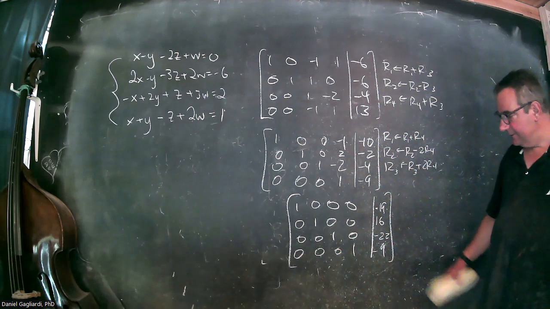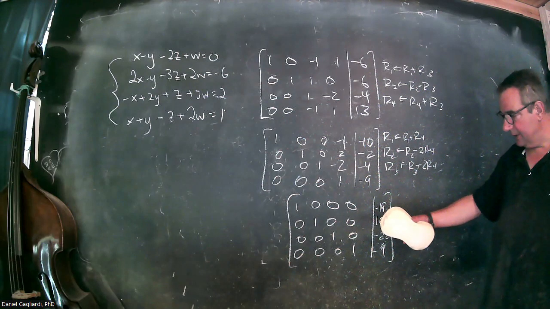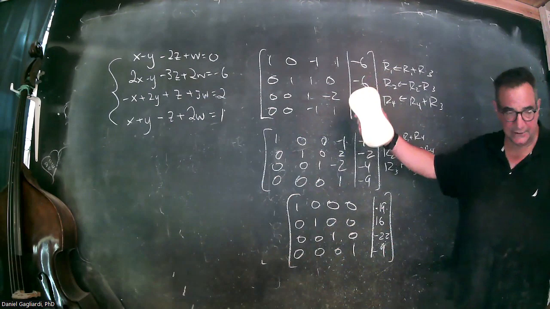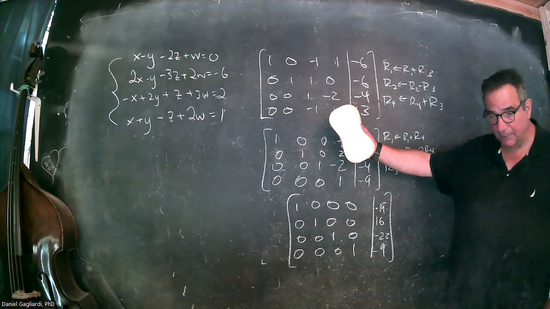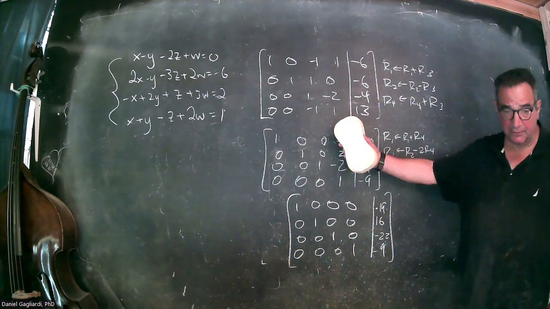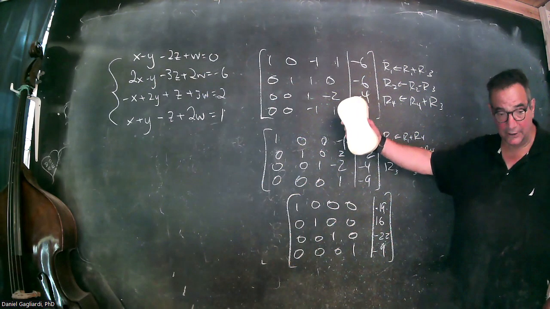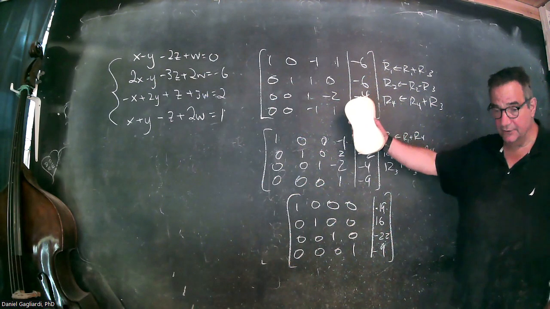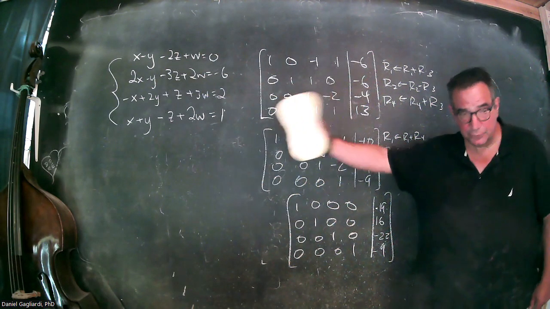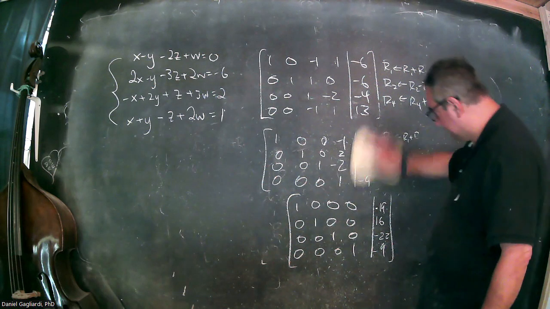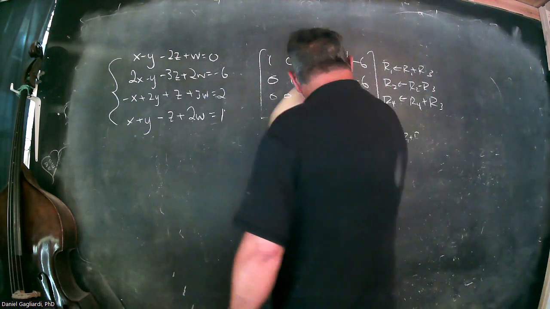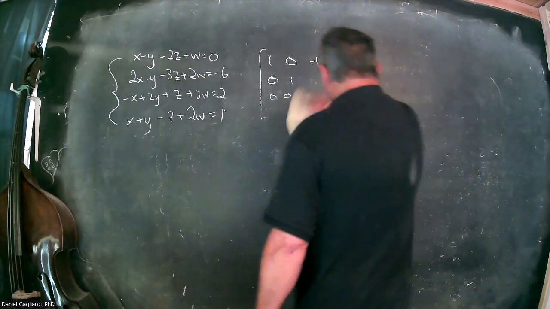We're going to write the augmented matrix as a linear system that, first of all, can be solved by inspection, and second of all, more importantly, its solution is going to be the same as the solution of the original linear system. Okay, so let's erase all this stuff and then rewrite the augmented matrix as a linear system.